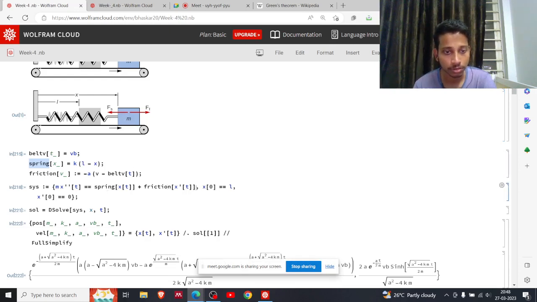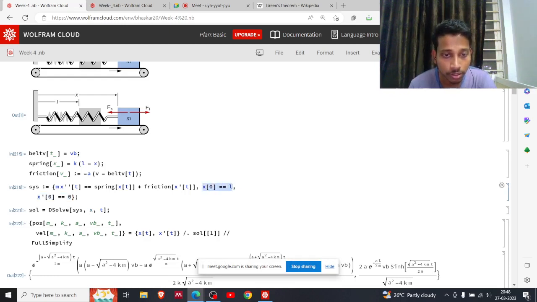This is the initial condition, x(0) equal to L, and this is another initial condition, x dash of 0 equal to v. We are solving a second order differential equation, so we need two initial conditions to properly solve the ODE.